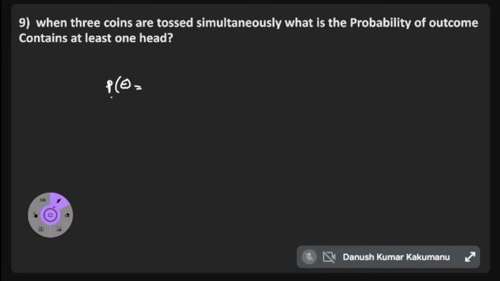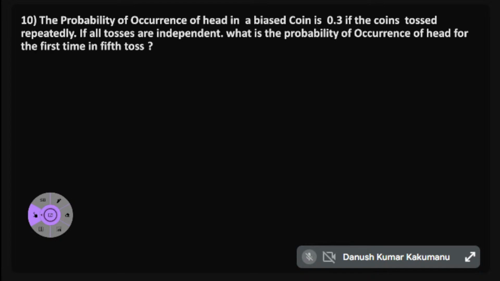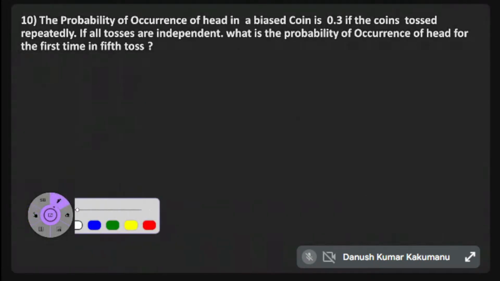What is the answer? 7 by 8. The probability is completed. We have done this question.